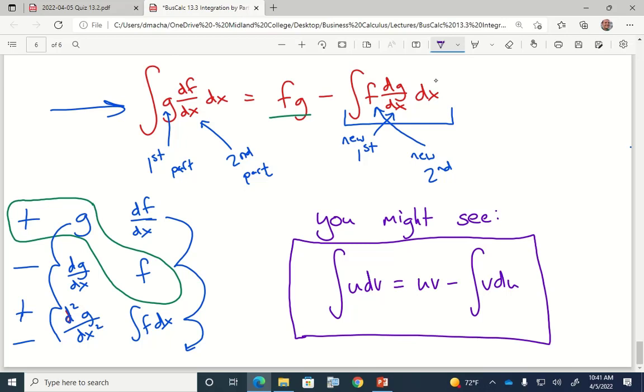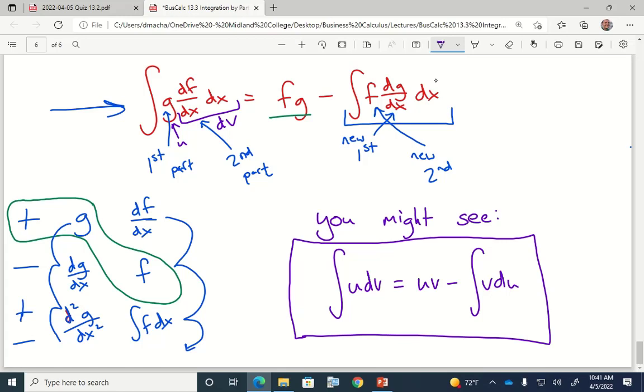Again, the reason for this is because they're talking about this as being dv, and they're talking about this as being u. So they're saying our first part that we've been talking about is lowercase u, and our second part that we've been talking about is what they call dv.